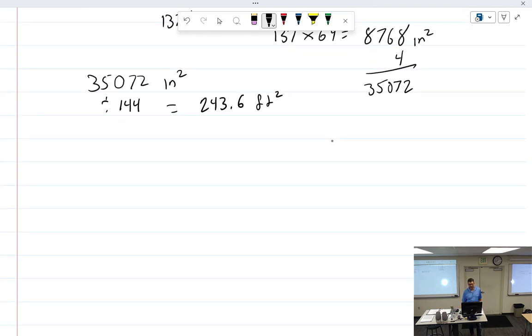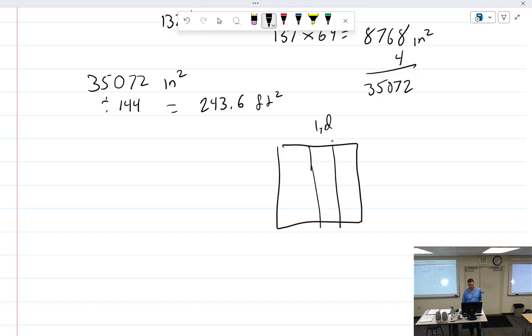If I'm going from feet, a yard, that's 1 yard, is 3 feet. So 1, 2, 3. 1, 2, 3. So there are 9. Geez, what about inches? 1296. That's a lot.